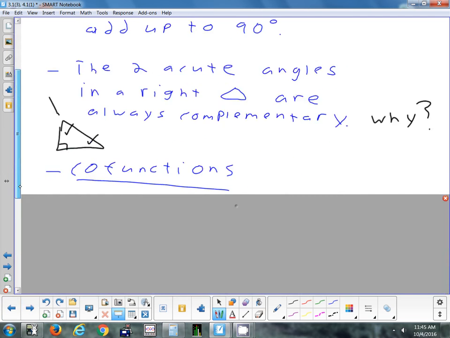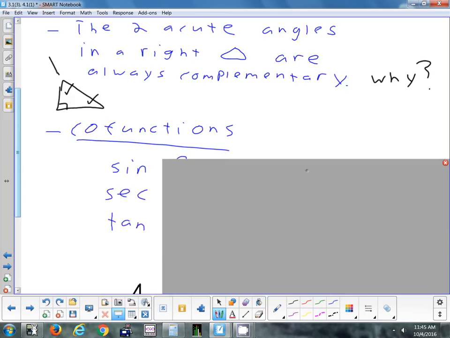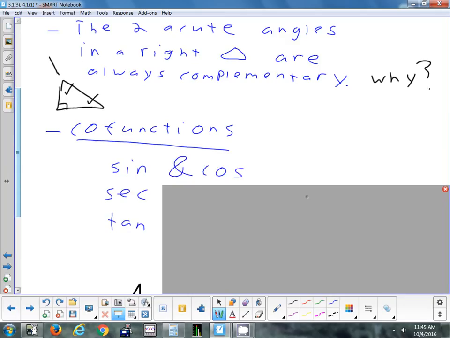If you want to pair them up as cofunctions, you pick a trig function, and then you pair it up with the trig function that has the same name except the word co in front of it. So we have sine. Its cofunction is cosine. Sine, cosine are called cofunctions.